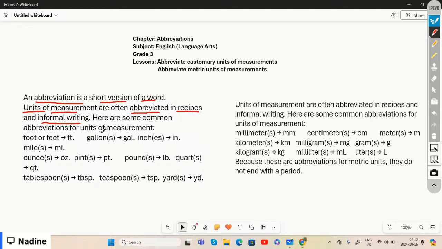And then we abbreviate it by FT. And remember, when it comes to abbreviations, some of the abbreviations need a period after the word that we shortened.